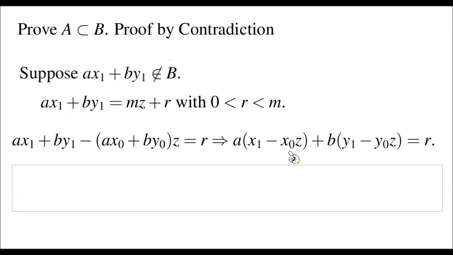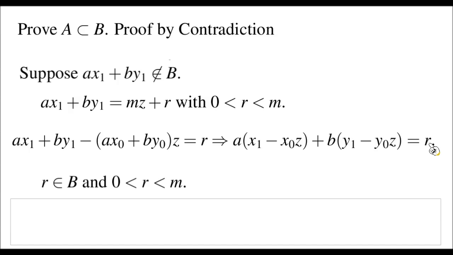So where is the contradiction? The contradiction is that R, a fairly small number, is even smaller than M, and it is positive, and it is written as a combination. So this is a combination of A and B, therefore it is a member of that set A, but it turns out that's an element that is even smaller than M, but the definition of M was the smallest element that you find in that combination set here.